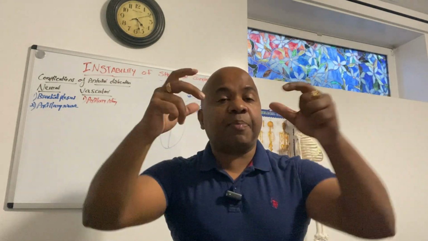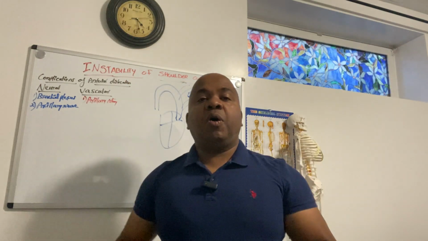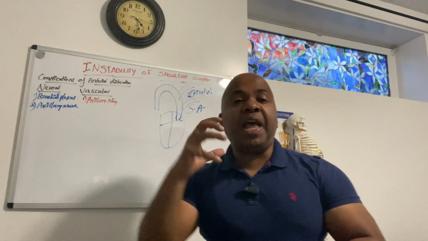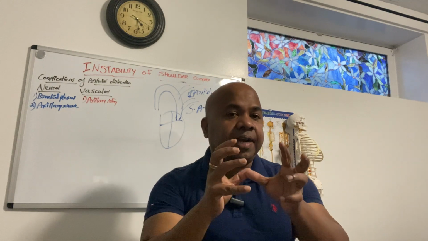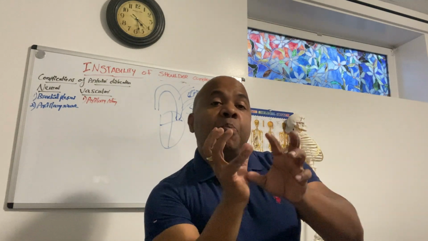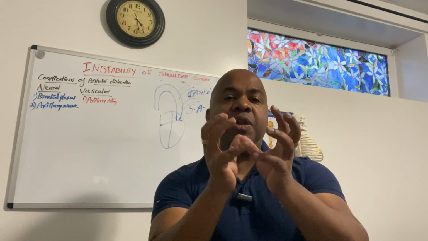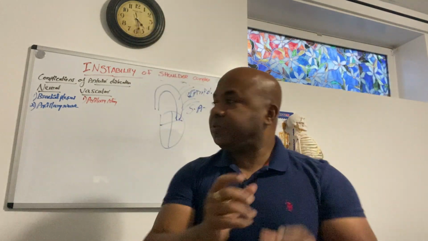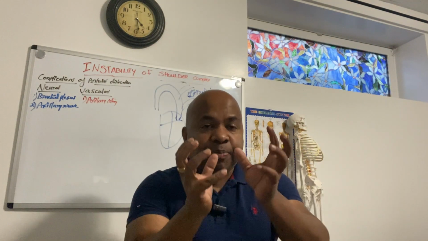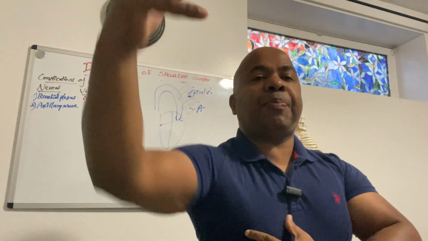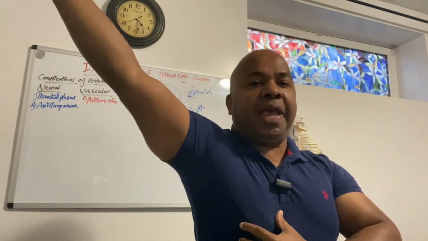The subclavian artery again moves up and posteriorly, and it continues as the vertebral artery, and the vertebral arteries combine to form the basilar artery, which supplies the posterior aspect of the brain.